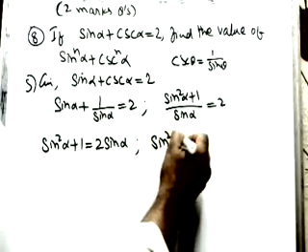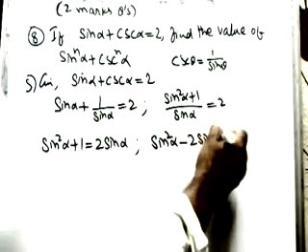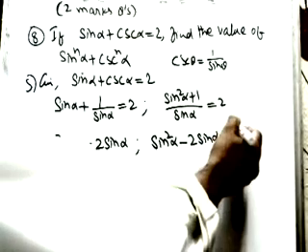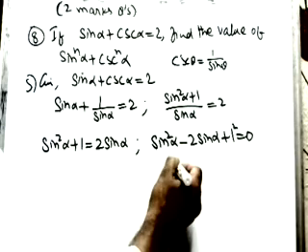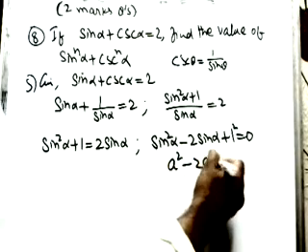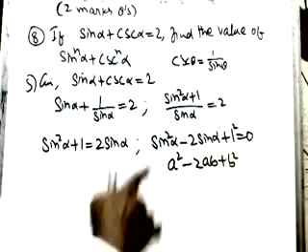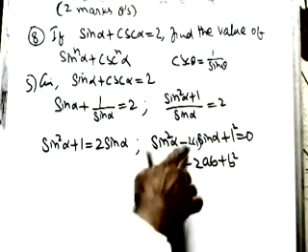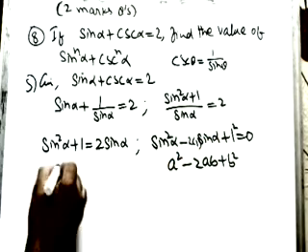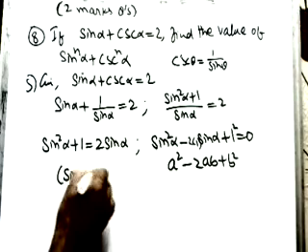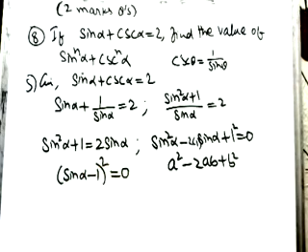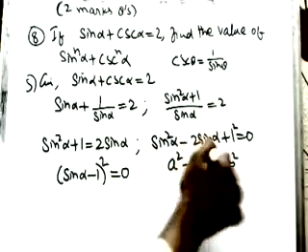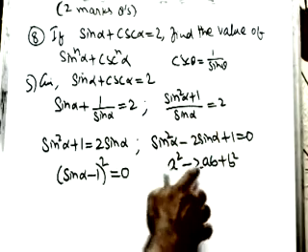Bring this here, it will be a quadratic equation in terms of sine. Sine square alpha minus 2 sine alpha plus 1 equals 0. Suppose this 1 is 1 square.